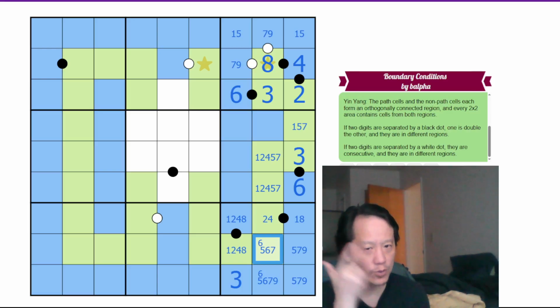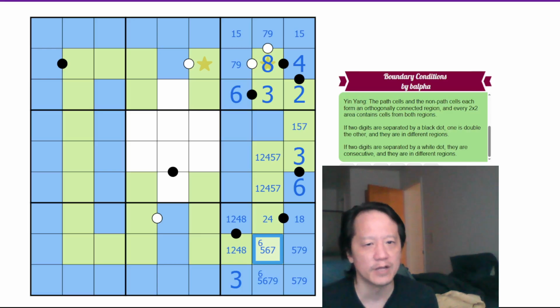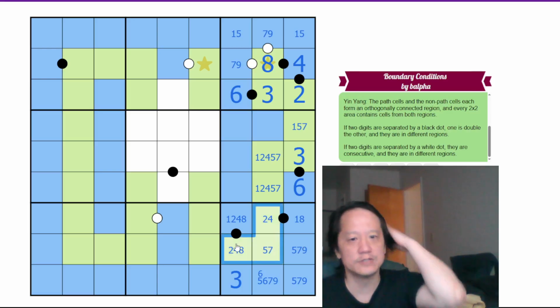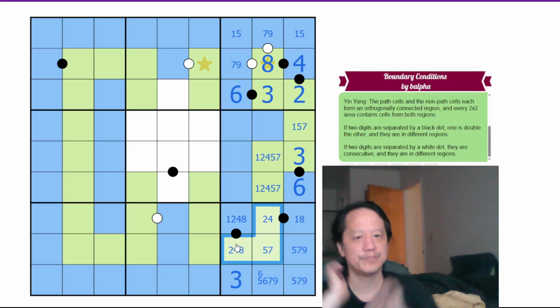But 1, 4, and 6 only adds up to 11, which is not the sum for the region sum line. So this cannot be 1 here. So these are both even, and it must add up, with the 5 or 7, to the odd sum of 13.